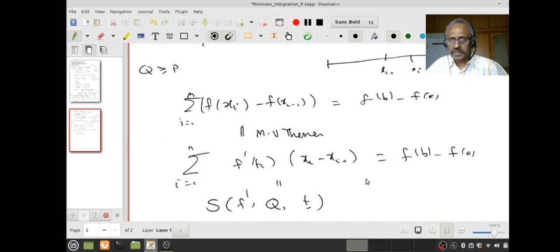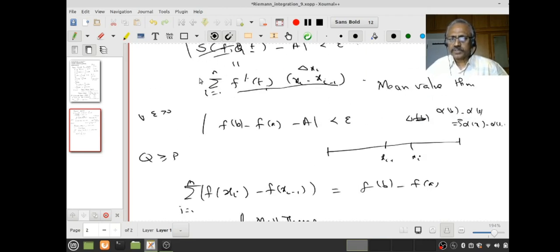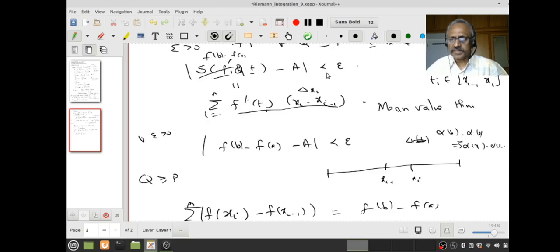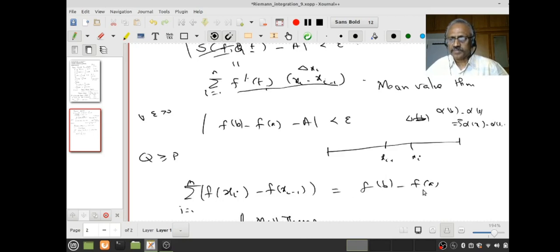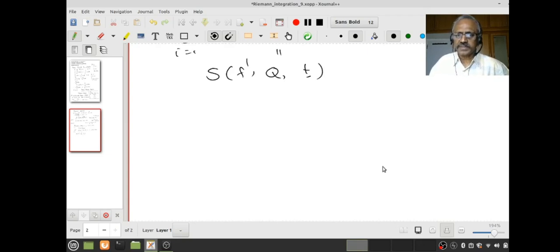So in particular, for this Riemann sum, this should be true: the modulus of the Riemann sum minus A must be less than epsilon. But this particular Riemann sum is nothing other than f(b) - f(a). Therefore I have proved |f(b) - f(a) - A| is less than epsilon, and epsilon being arbitrary, I proved the result. Do you understand this?